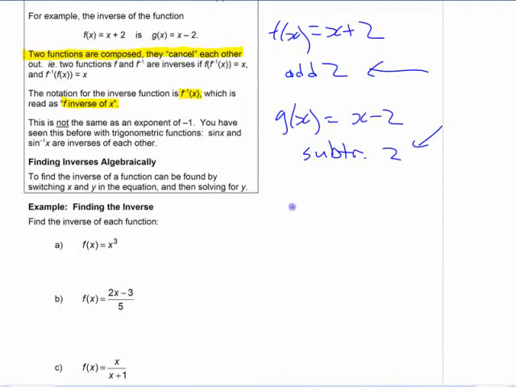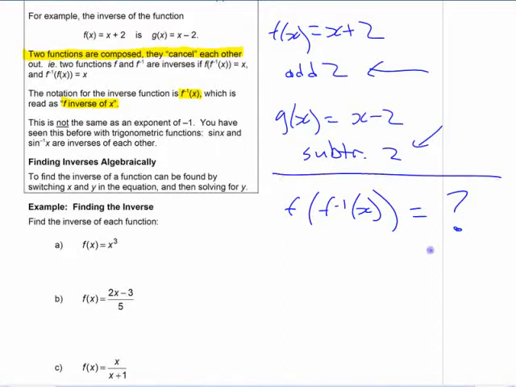If I take these two functions, f of f inverse of x, and compose them together, we'll see what it turns out to be if they cancel each other out. If I compose the two functions together, f of f inverse, oh yeah, it gives you what you started with. If I take an x value, just think about it with numbers here.